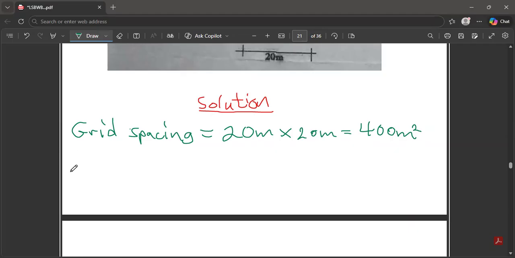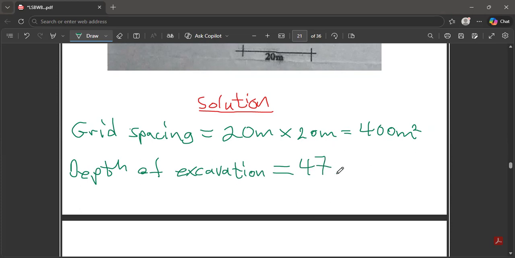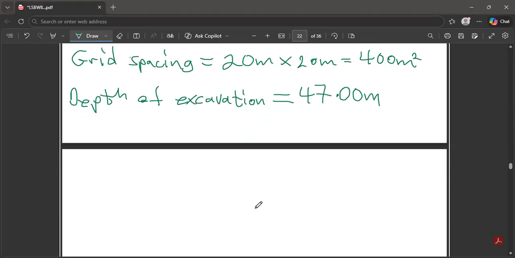So the depth of excavation is equal to 47.00. So from this idea, we can proceed.